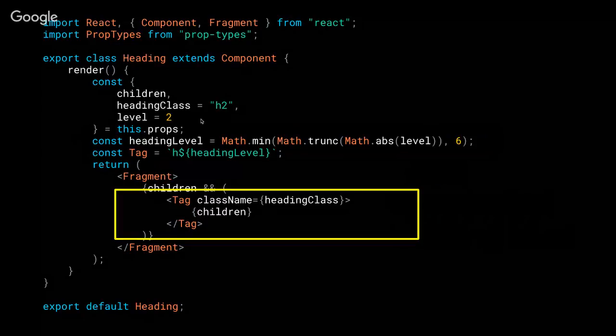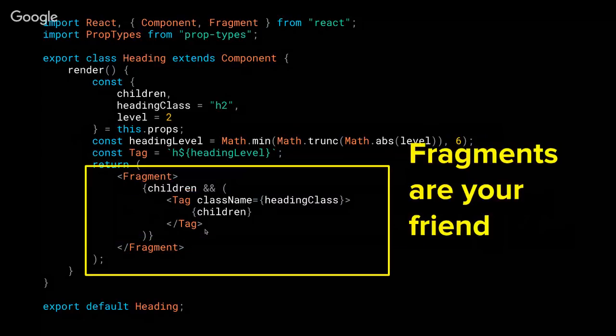So this is helping developers not break that one H1 per page rule, but also when the developer is testing, they can go back in and say, oh, I forgot to pass in that level, pass in a different level here, renders here, and you get your custom header. And by the way, fragments are your friend.